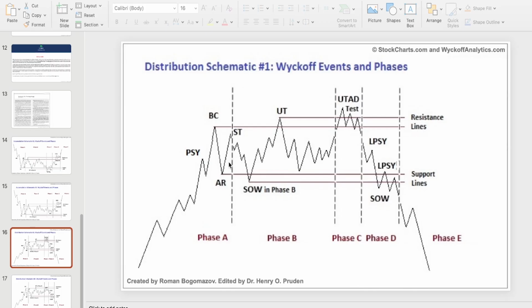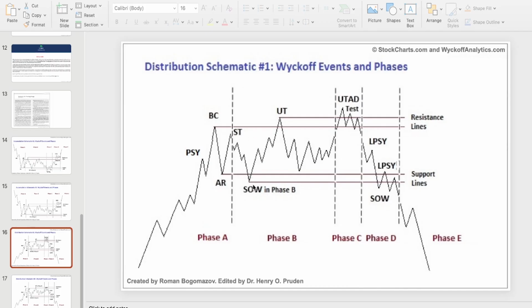The automatic rally is going to be weak, and it's going to struggle to overcome 50% of the buying climax swing. If it's going to be a reaccumulation, we're going to have a very strong secondary test, because there's going to be lots of value here to buy more. And then we're going to have a secondary test.